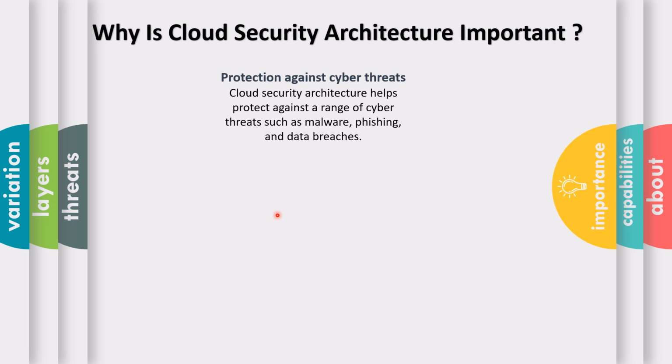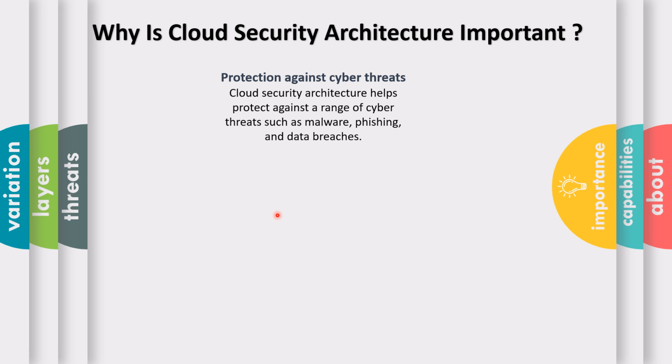What is malware? Malware is malicious software like viruses, ransomware, or spyware that can infect your system and cause damage. Cloud security architecture puts protection in place like firewalls and anti-malware software to prevent malware from getting in or spreading.